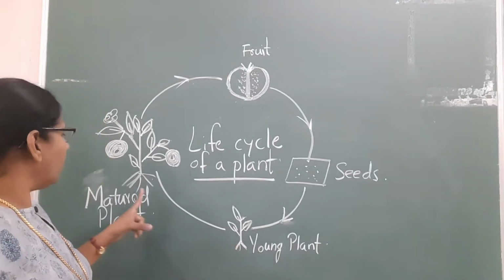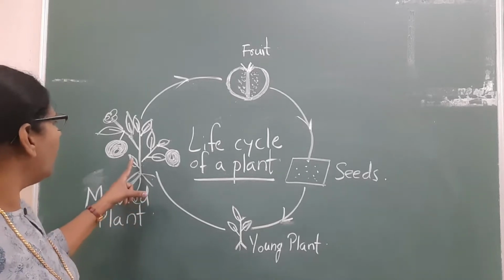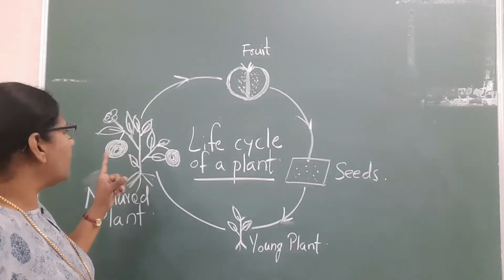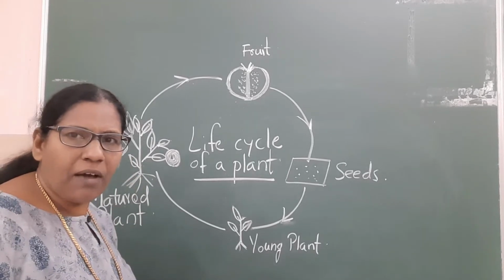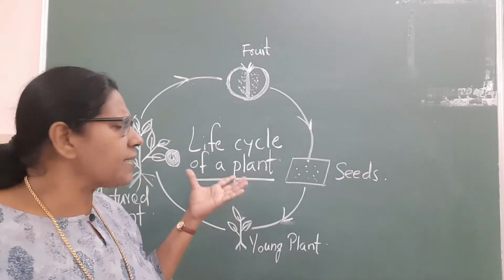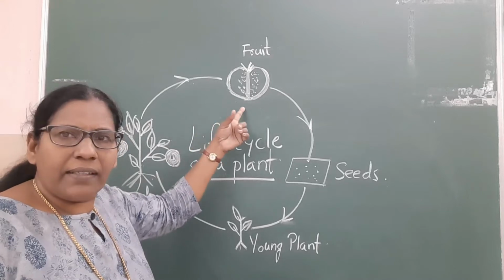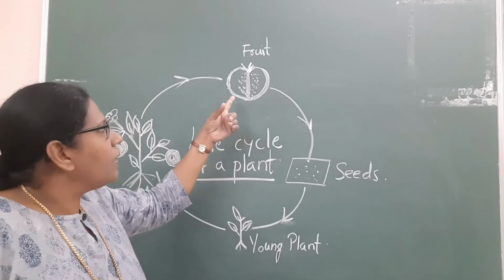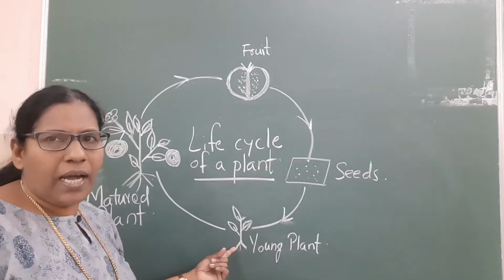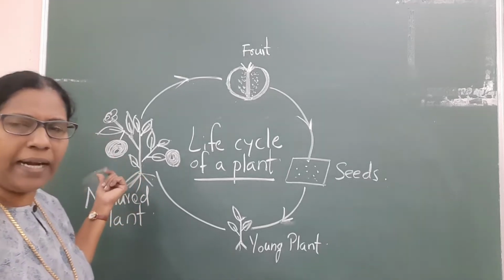This young plant becomes mature, or grows into a big plant, and then this matured plant gives flowers and then flowers become fruit. In sexual reproduction, we find seeds inside the fruit, and these seeds grow into a young plant, and that young plant becomes a matured plant.